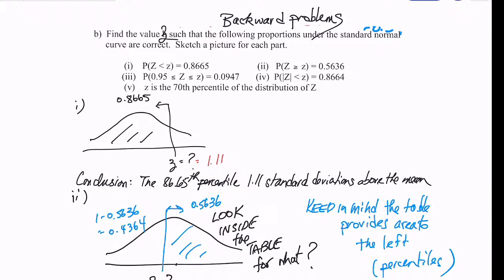So this is the number you should look inside the table for, because it gives you the area to the left. So the way that I've drawn it is just mentioning this is what you're given in the problem. The area to the right of z is 0.5636. So the area to the left is 0.4364. And I'm going to take a quick break and you can tell me the answer when I get back.